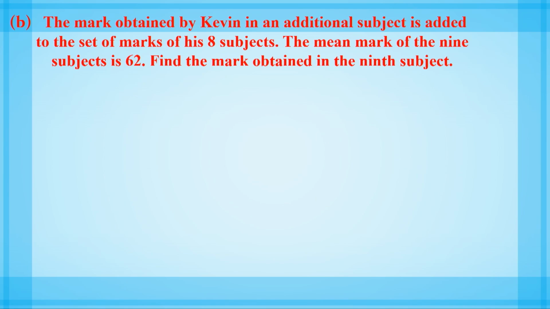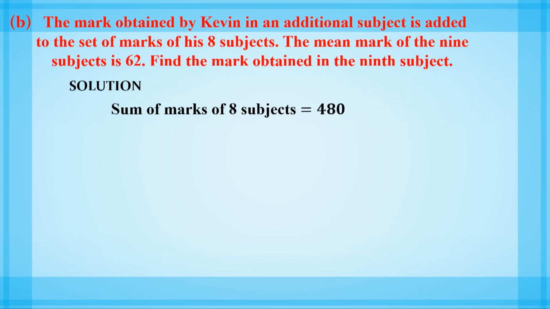Part B. The mark obtained by Kevin in an additional subject is added to the set of marks of his 8 subjects. The mean mark of the 9 subjects is 62. Find the mark obtained in the 9th subject. Now, from the previous part, we already know that the sum of marks of 8 subjects is equal to 480.